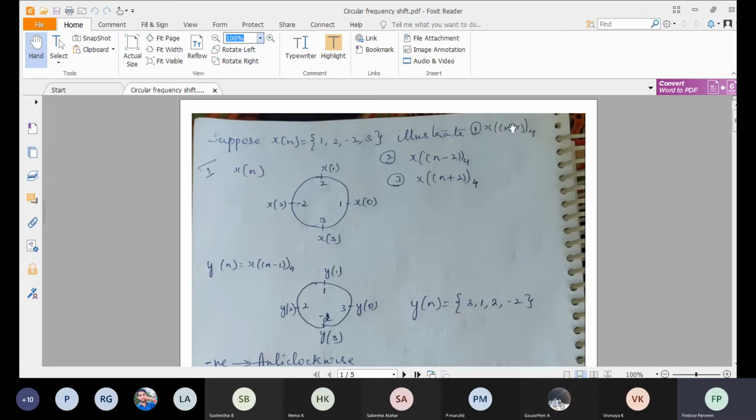And one more thing: when it is negative, you shift anti-clockwise, and whenever it is positive, you shift in the clockwise direction. So let me take y of n is equal to x of n minus 1 mod 4.